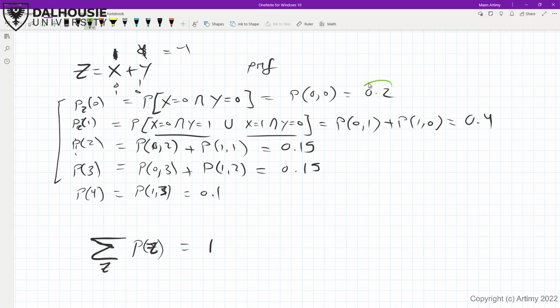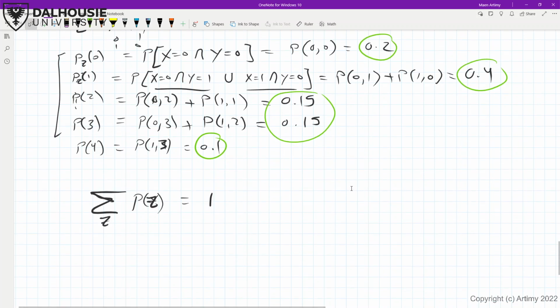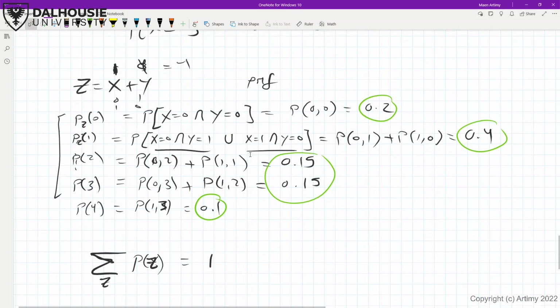So 0.2 and 0.4 is 0.6. These two together 0.3, so that's 0.9, and finally 1, right? So now I verified that my probability distribution is correct.